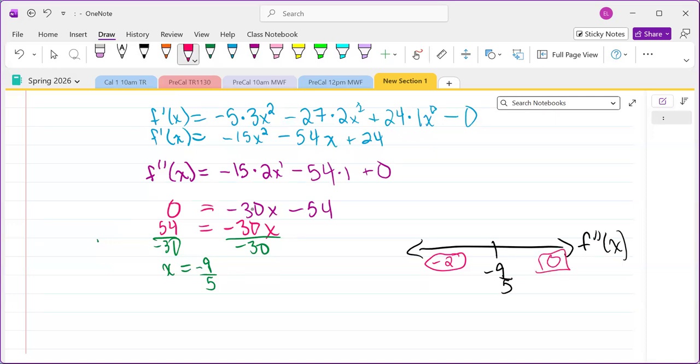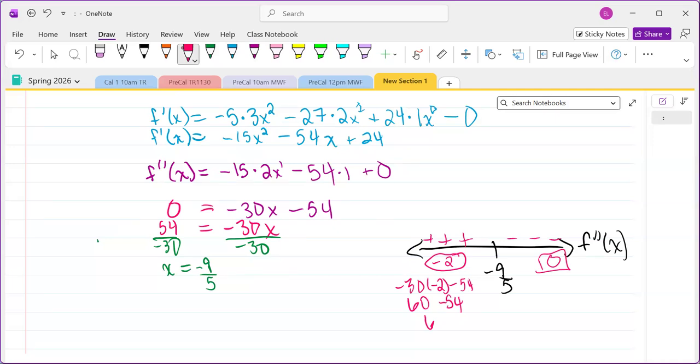If I plug in 0, -30 times 0 is 0, minus 54, so I'm going to get all negatives to the right. If I plug in -2, -30 times -2 is positive 60, minus 54 is positive 6. So everything on the left is going to be positive.